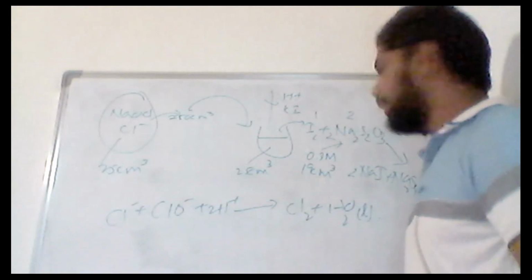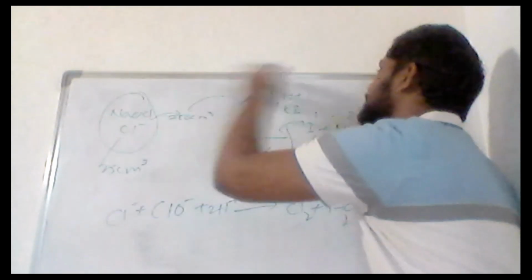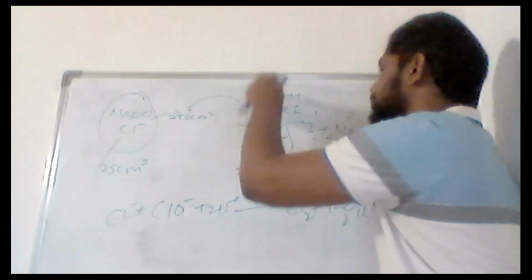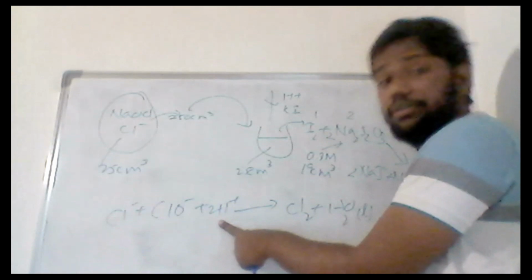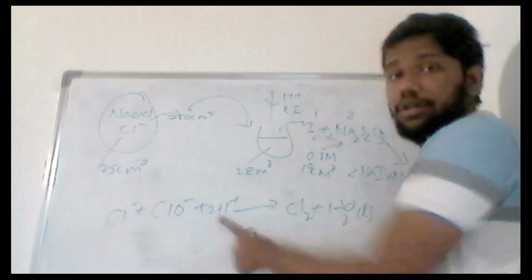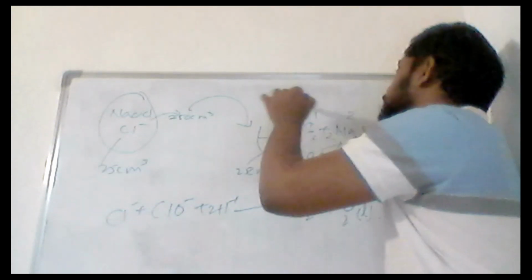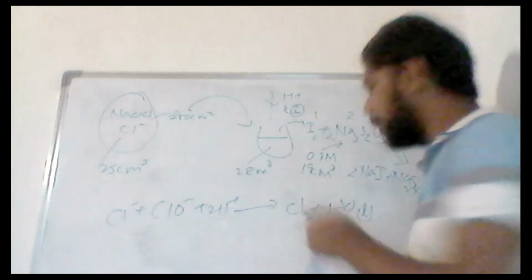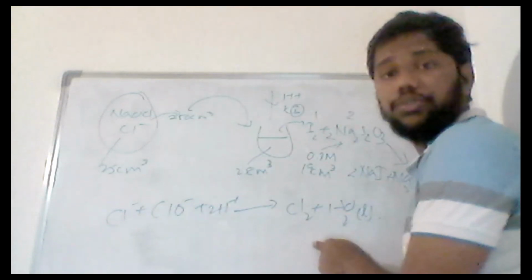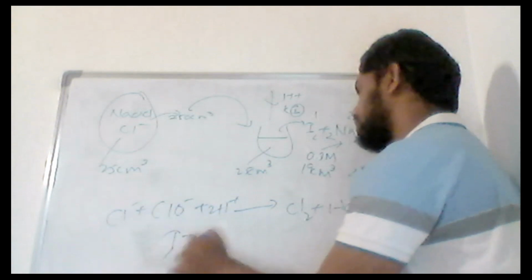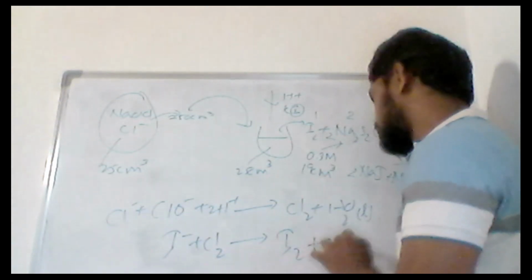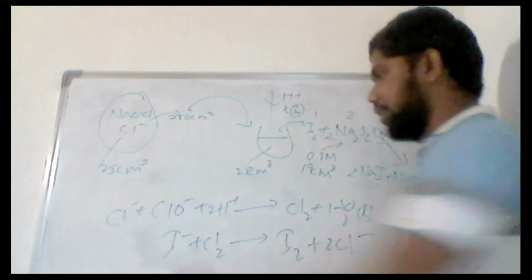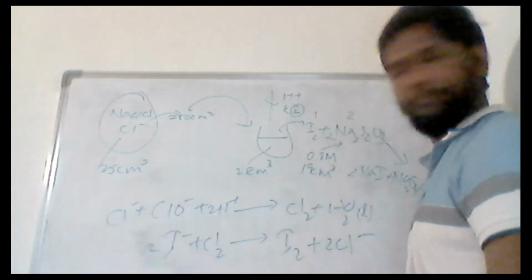When you have acetic acid in the medium, this reaction is going to happen because it is driven by H plus. But don't forget, they also have I minus. So what could happen here with Cl2? When you have I minus with Cl2, it can form I2 and 2Cl minus. This is the normal thing that can form.